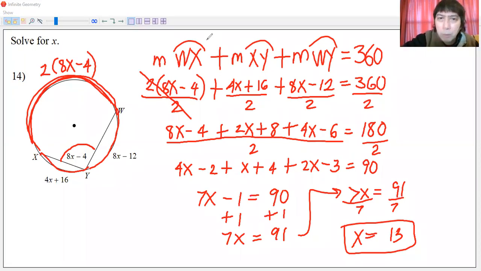Is it? Let's check and verify. See the answer below the diagram? Yes, it's 13. It's blinking. So this is 13. That's our x.